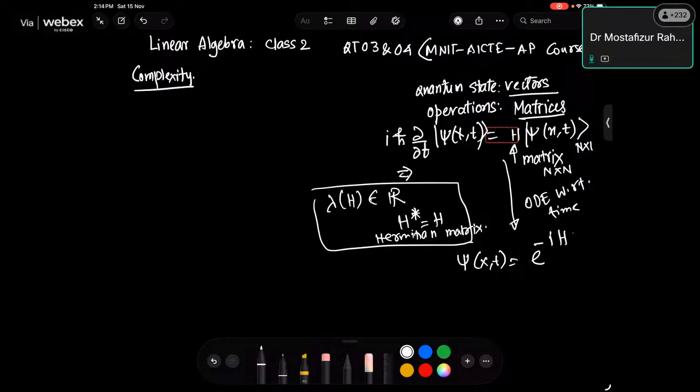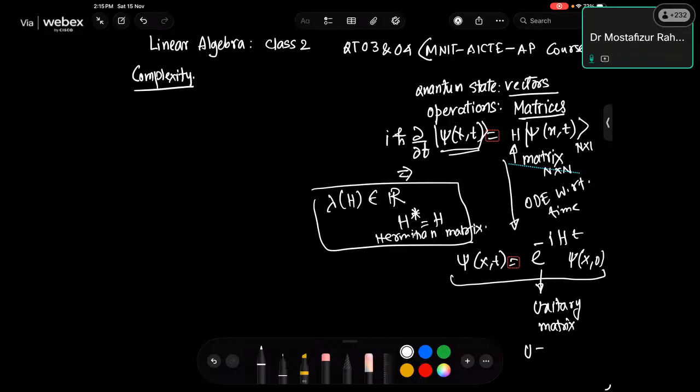This is the solution of the one-dimensional ODE for the time evolution of the wave function ψ, and the wave functions are denoted by the state vector. This thing we have seen is a unitary operator, basically a unitary matrix.